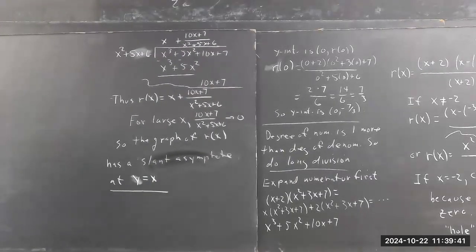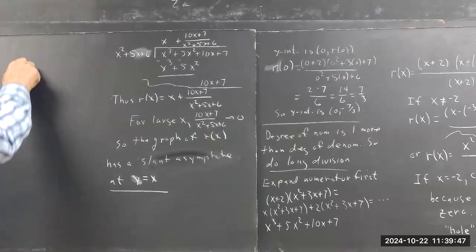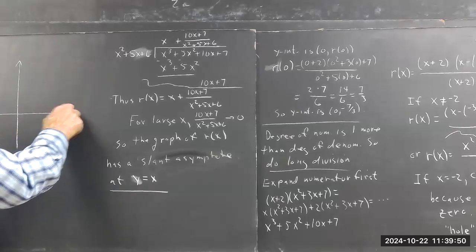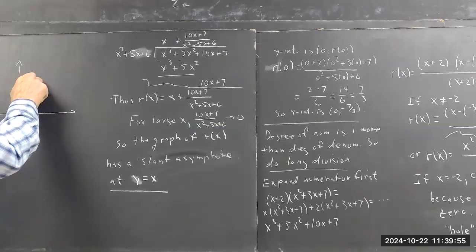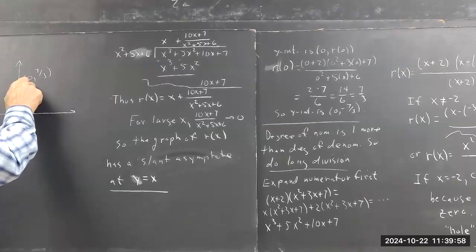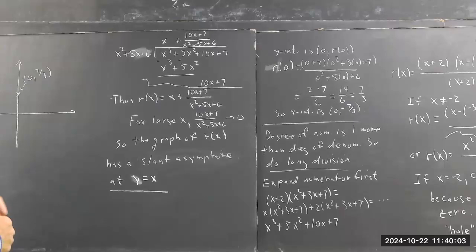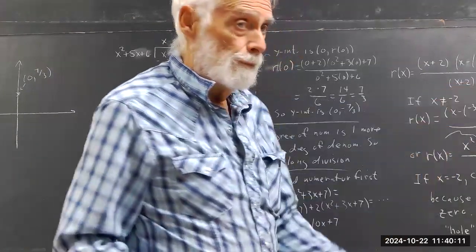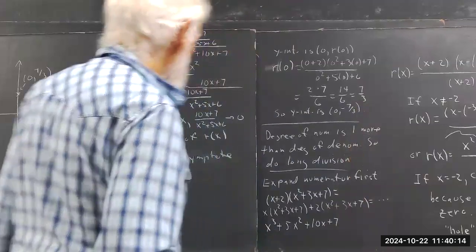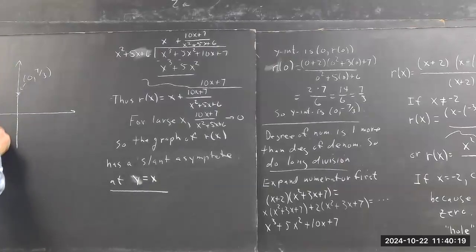So our graph now has a y-intercept at 0, 7/3 here. The x plus 3 in the denominator gives us a vertical asymptote at x equals -3.